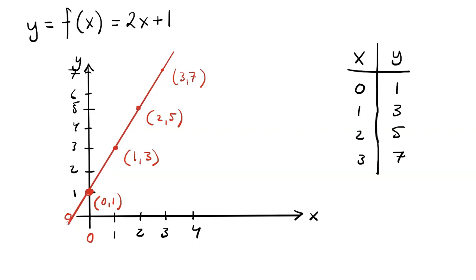Okay, so now if I connect these points with a line, you see that this lies on a straight line. So if I draw not just these 4 points, but infinitely many points, if I continue to put in points here, all of these points together will make up this line. And that's called the graph of the function. So that's the graph of f of x.